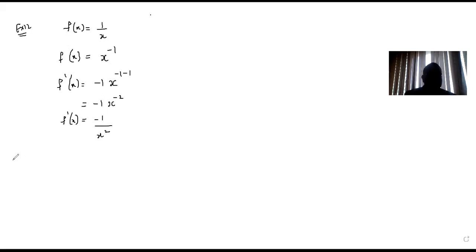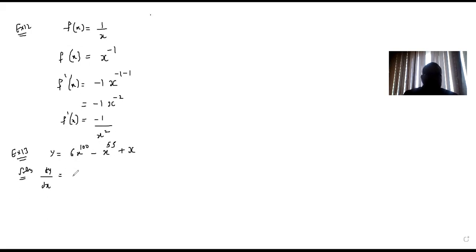Now example 13. Let y is equal to 6x raised to power 100 minus x raised to power 55 plus x. Now I have to find out the derivative, that means derivative of y with respect to x, because here x is the variable.